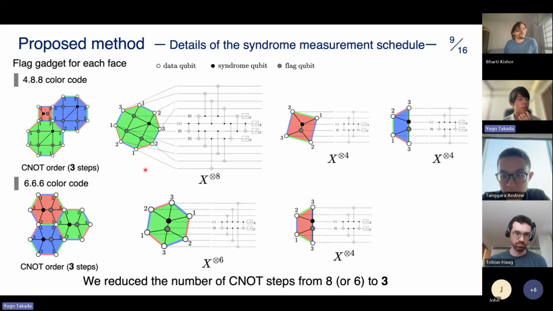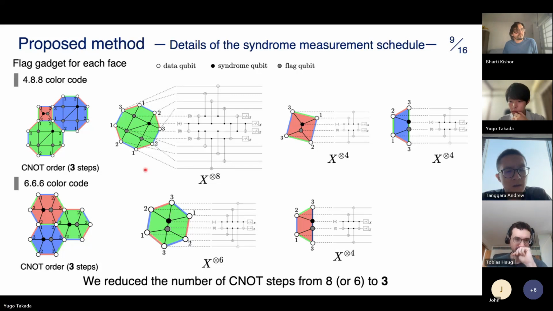Okay, not subsystem code, but I know one paper by Chris Chamberland that uses flag information for decoding as well, but it's different from my way of using flag information. In his paper, the threshold in the hexagonal color code was 0.2%, which is lower than my method.